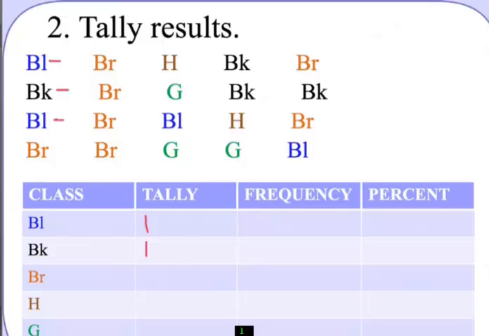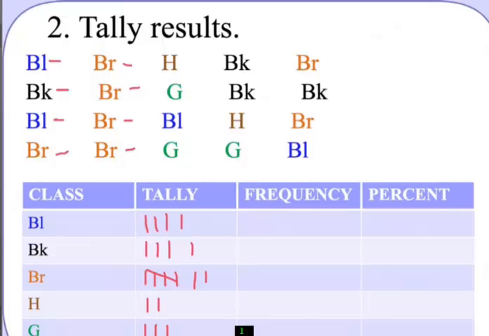Then I have another blue. Then I have 1, 2, 3, 4, 5 browns. Then I have a hazel, a green, another blue, another green, 2 more blacks, another hazel, another green, a brown, a black, brown, and blue.